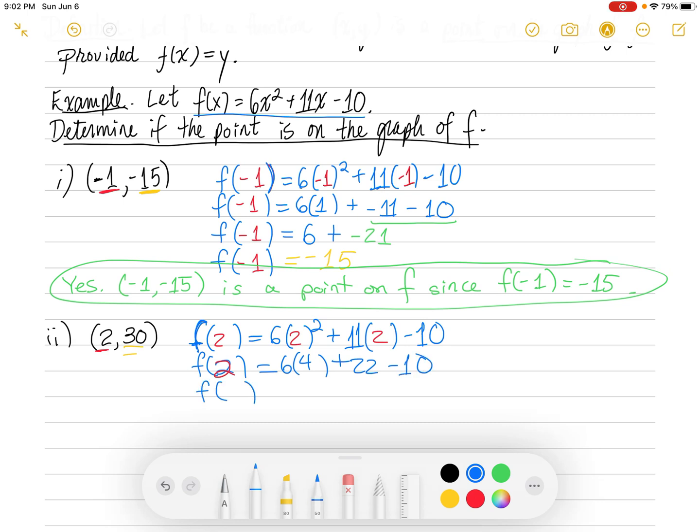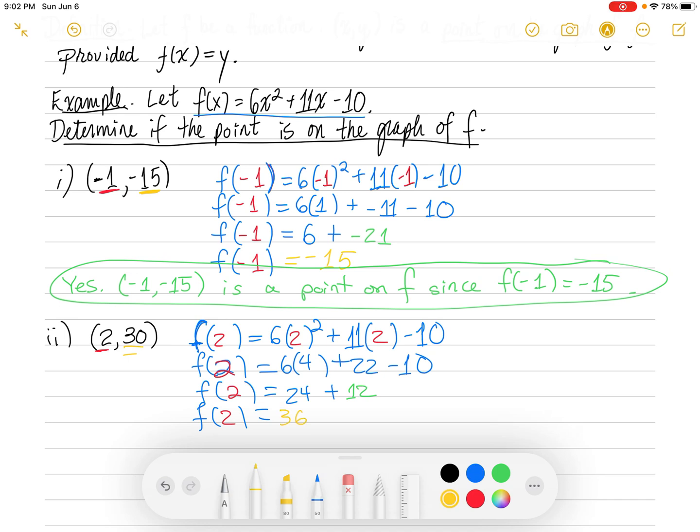That gives me f of 2 equal to 6 times 4 is 24, plus 22 minus 10, and 22 minus 10 is 12. So 24 plus 12 is what we actually have. f of 2 is equal to 36.